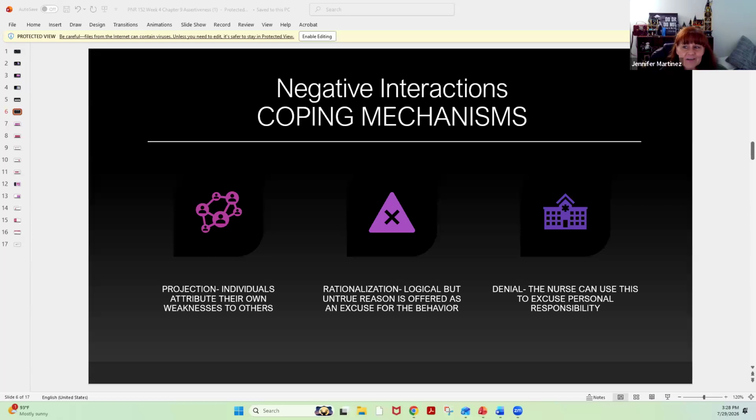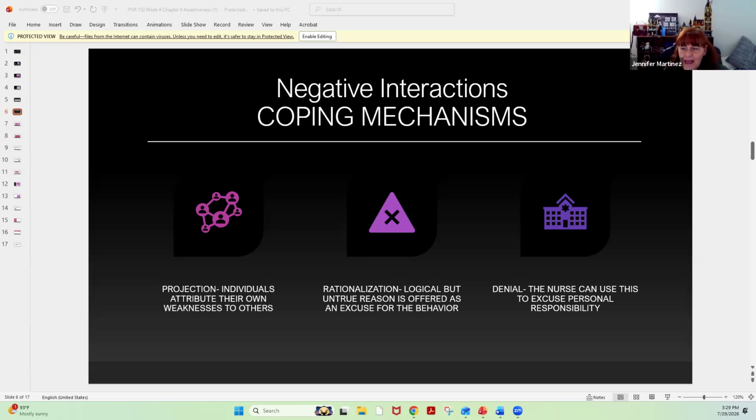Rationalization is when a logical but untrue reason is offered as an excuse for the behavior. Labeling a client as a troublemaker or uncooperative is not assertive, right? It's an indirect type of behavior on the part of the nurse.